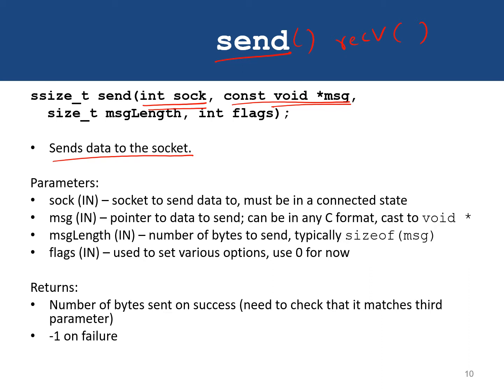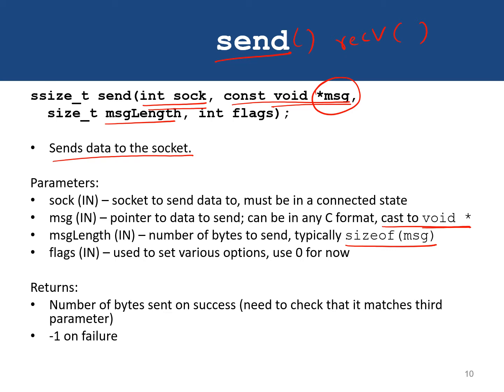All we need to do is cast the character buffer into the void pointer. The third parameter here is the length or size of the message that we want to send. So this is essentially the number of bytes we are sending in this message, which we can get simply by doing a sizeof message. Recall the third parameter passed to the write function call was also the size of the message.